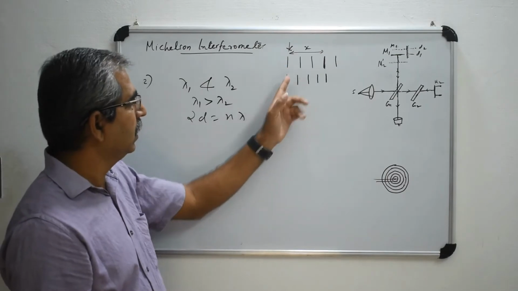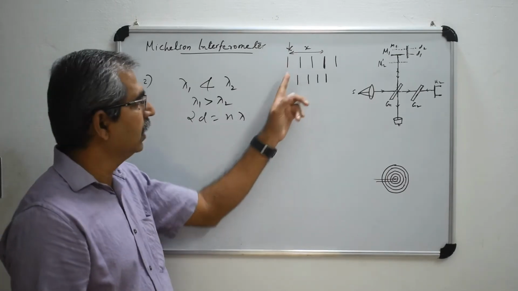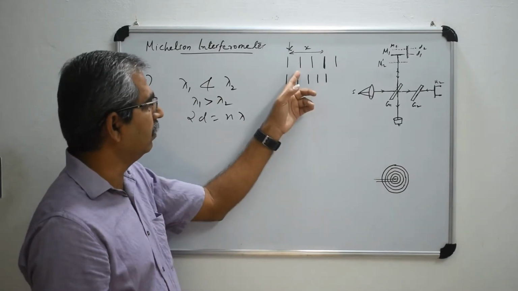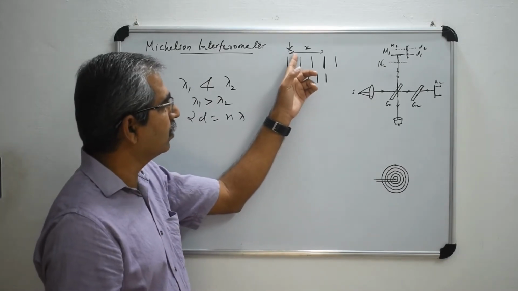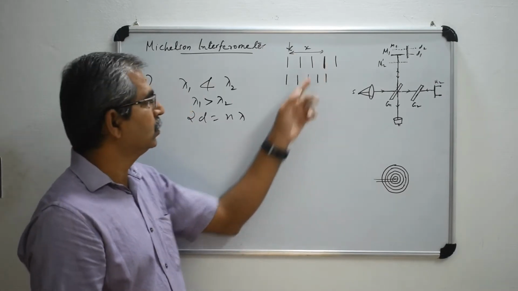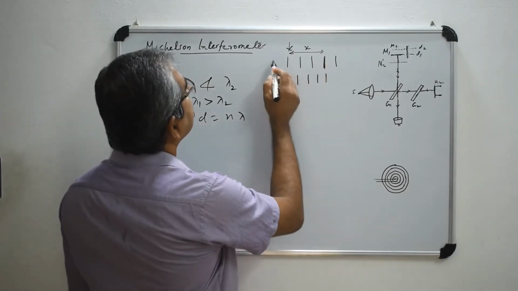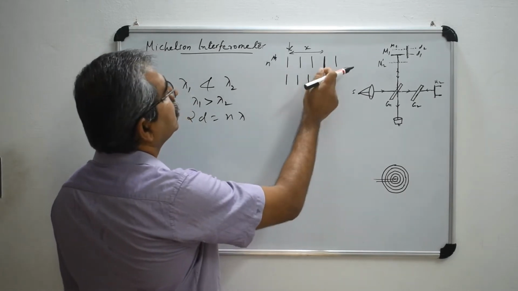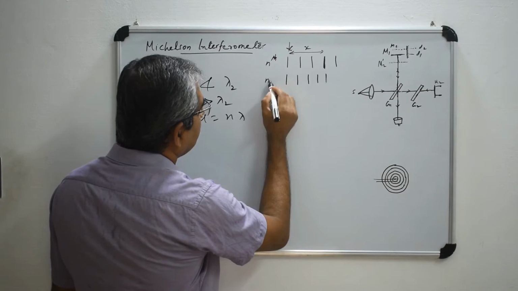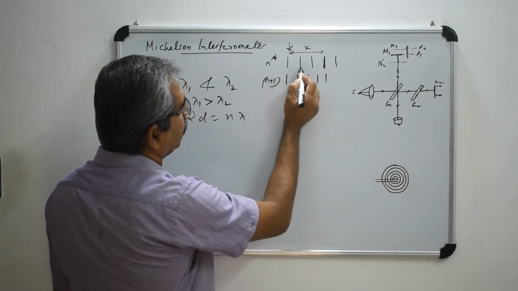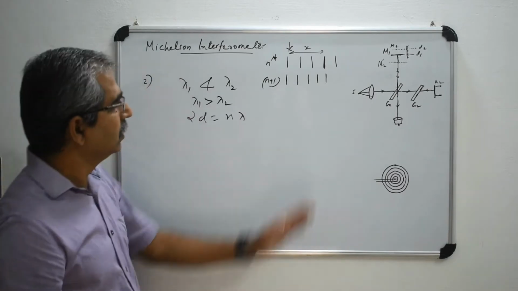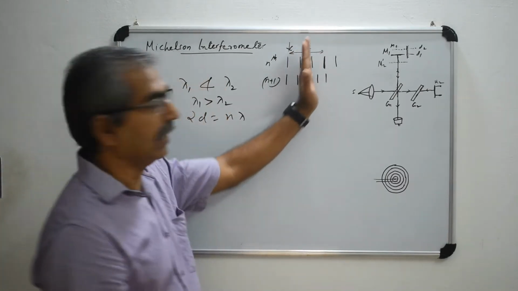Initially this is clear, then they will change the position. That means the clarity will be lost. And when you have moved through a distance x, again these two will be coinciding. So that happens when the nth fringe of the first wavelength coincides with the n plus 1, because say 1, 2, 3, 4. This is 1, 2, 3, 4, 5. So the system will be again clearer.